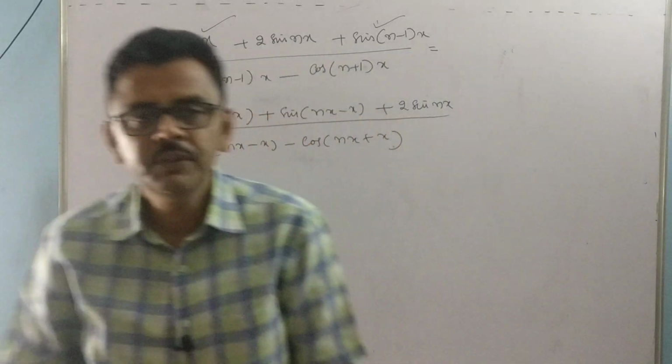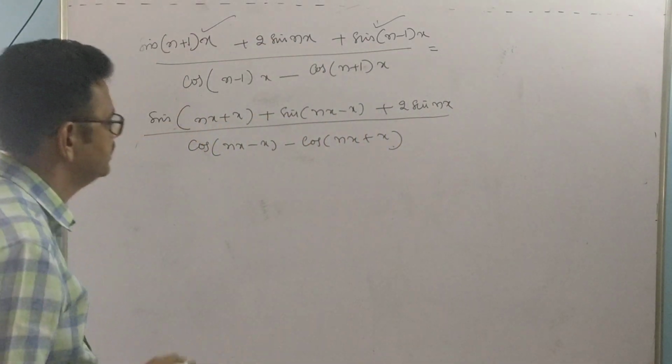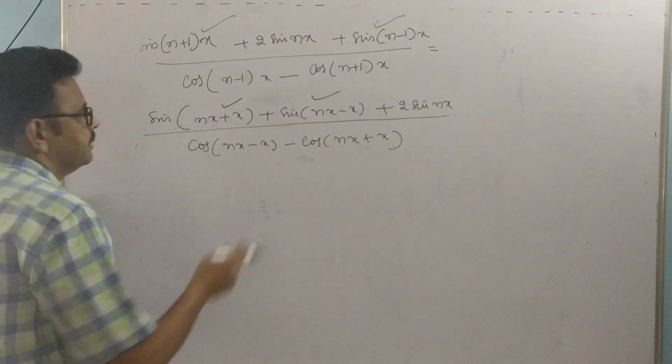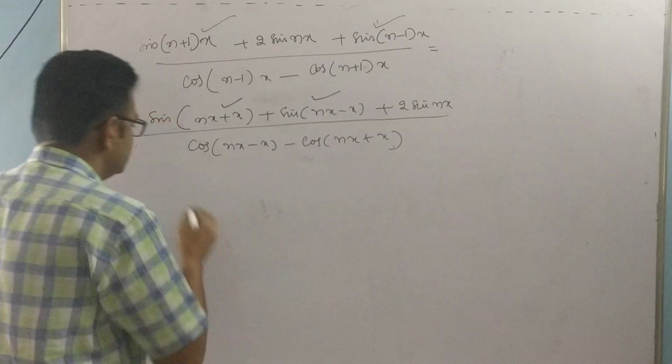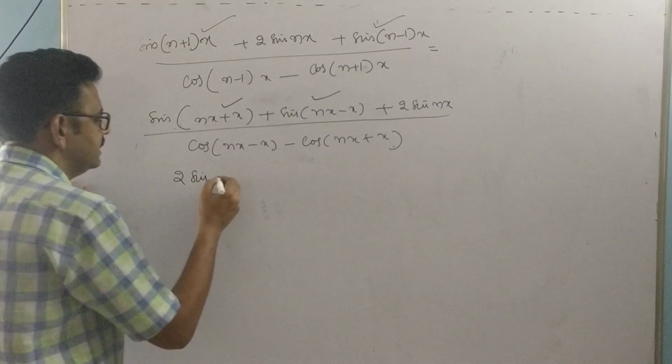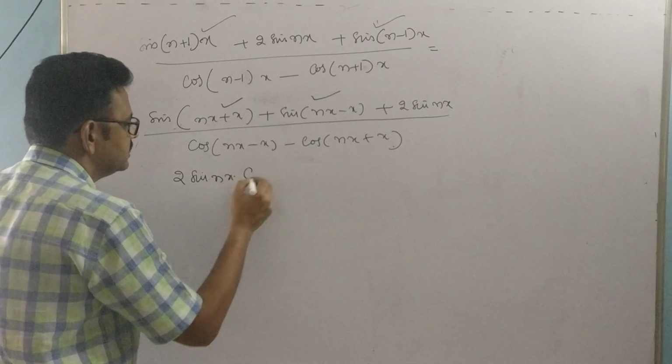Now sine of a plus b, these two together: sine of a plus b plus sine of a minus b is equal to 2 sine a cos b.